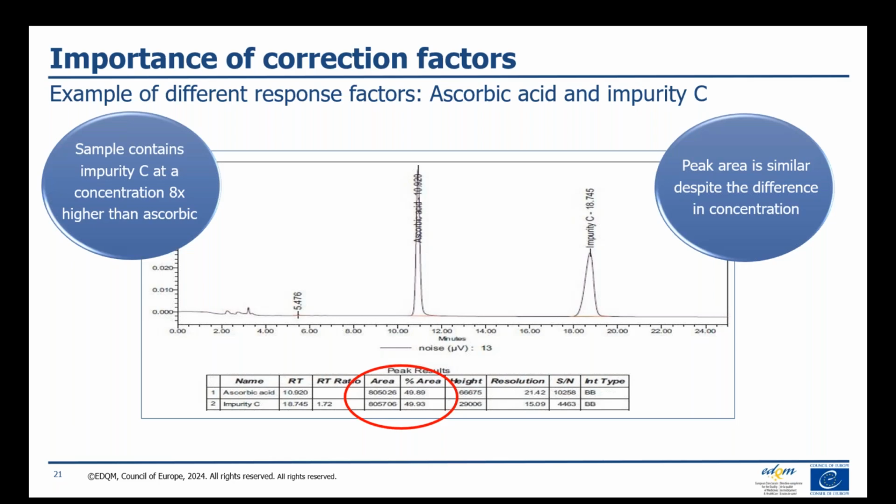So if we don't correct this by a correction factor, it will have a big impact on the value that we obtain for the content of this impurity.